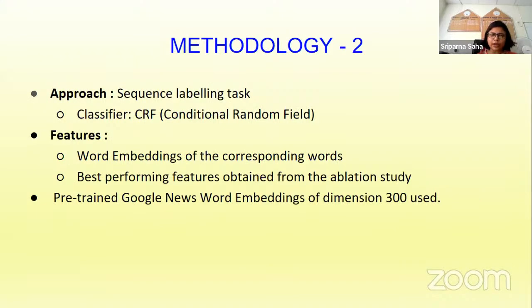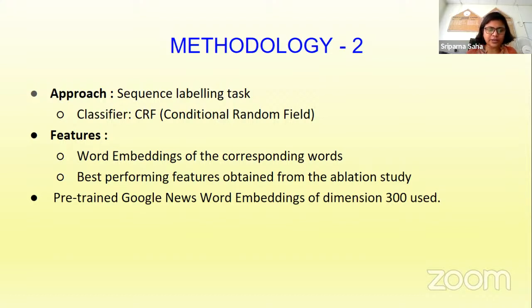In approach 2, as I mentioned, here we are using word embeddings. For a particular word we can generate the embedding, and this embedding is basically a semantic representation of that word. We can use word2vec models or GloVe models to easily generate the embedding of a particular word.